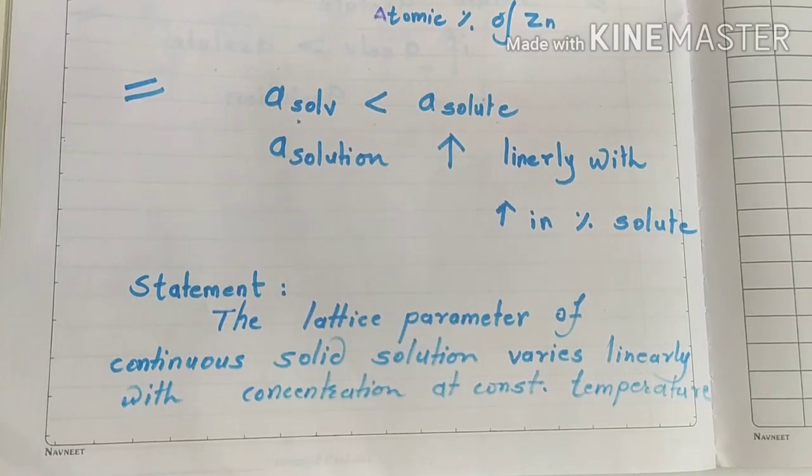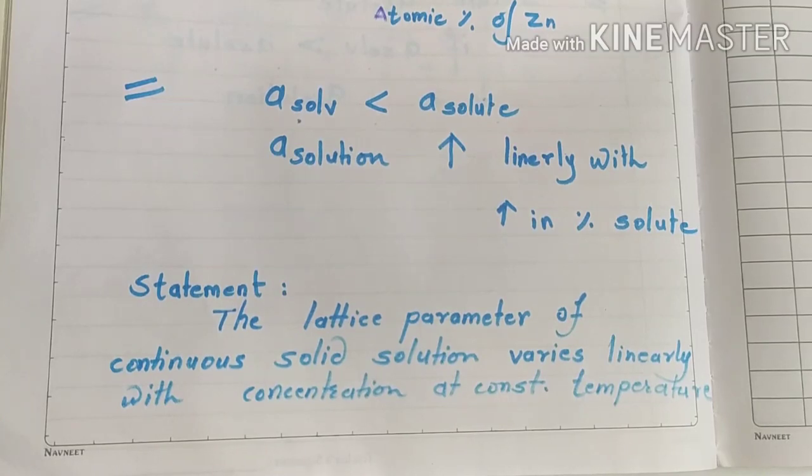Deviation from Vegard's law is often seen, and the points to be noted in this law are: this law is applicable only for ionic salts and compounds and substitutional solid solutions. This law often deviates in a positive or negative way, so it is not a theorem but just an observation.